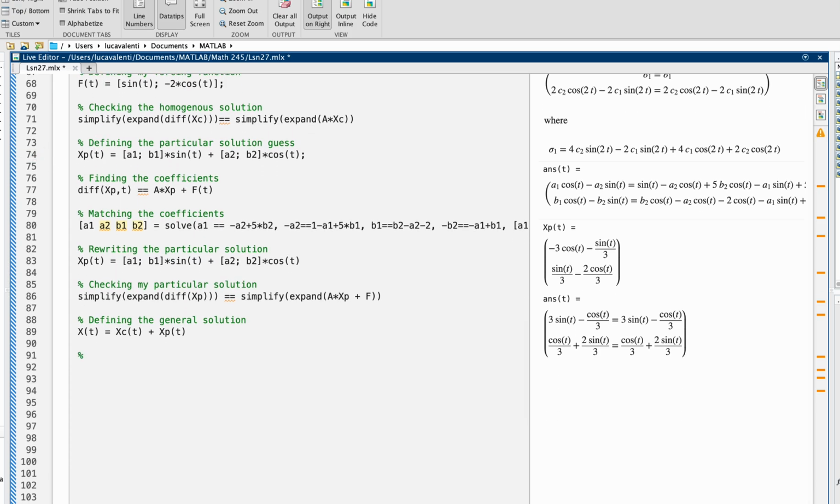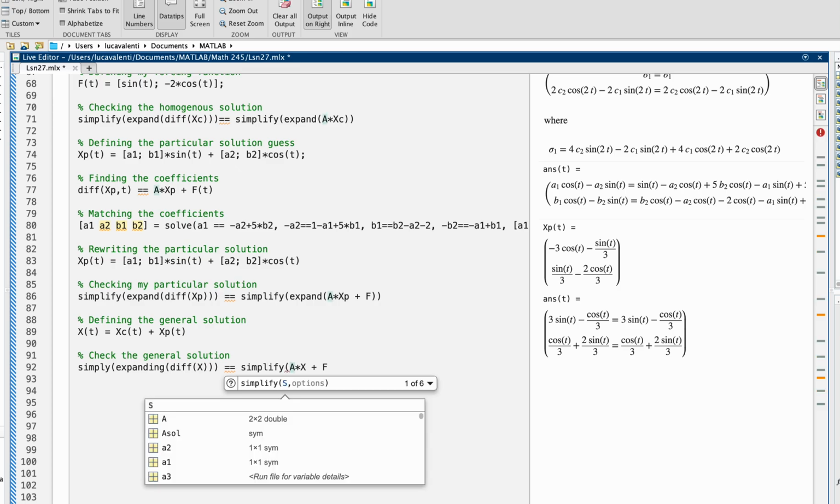However, if you want to check the general solution, maybe for a typo or something, you can write the same thing. So simplify after expanding the derivative of x, and here a times x plus f, and again I want to simplify after I expand it.